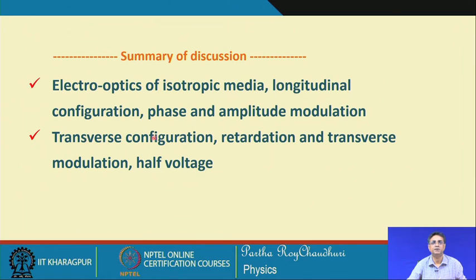We did the same in the transverse configuration, and found that the half voltage there gives us an additional freedom of choosing the geometrical parameters L and D, such that the half voltage can be drastically reduced. That is, the length of interaction will be more, whereas D will be less. In that case, you get a much lower half voltage to switch the modulator.